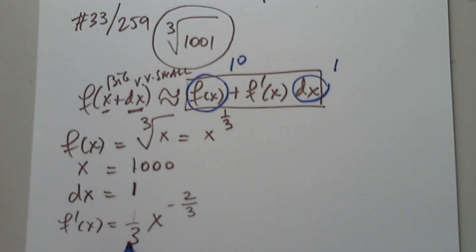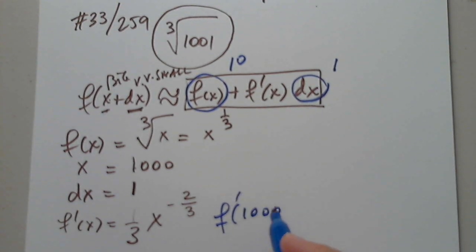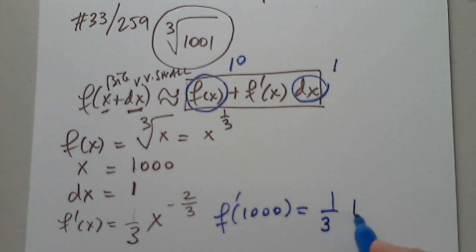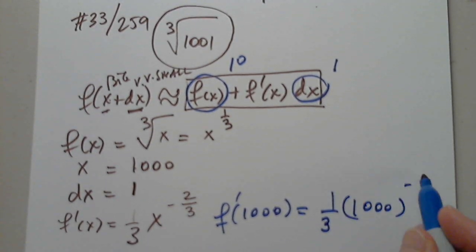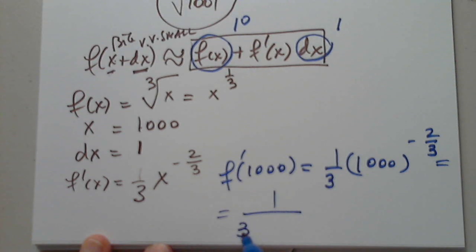And now we have to plug in 1,000 in here. So this will be f prime of 1,000 is 1/3, 1,000 to negative 2/3. So when I take the cube root, and I will write it as 1 over first 3, 1,000 to 2 over 3.